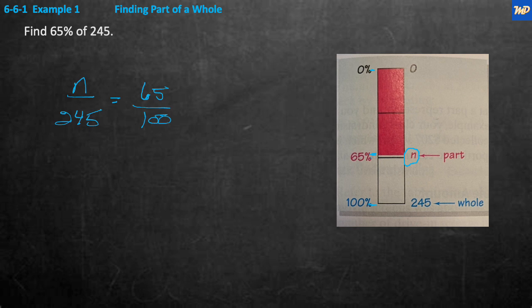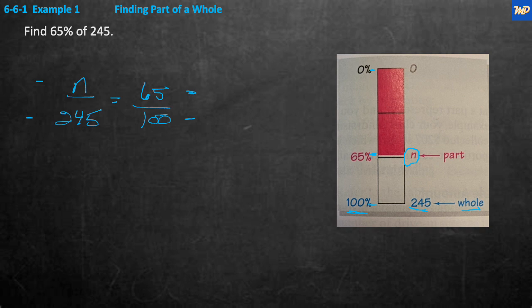It's saying 65% of the whole thing, and the whole is 245. 245 is 100%. So n and the 65 are the same. When we write them as a proportion, we have n and 65 in the numerators, and 245 and 100 in the denominators.